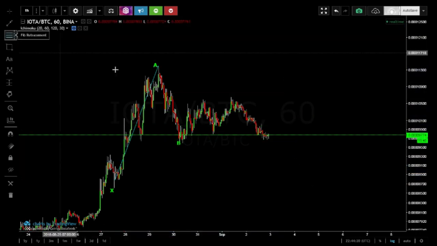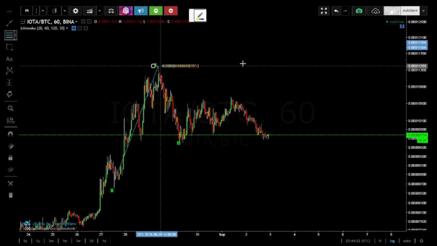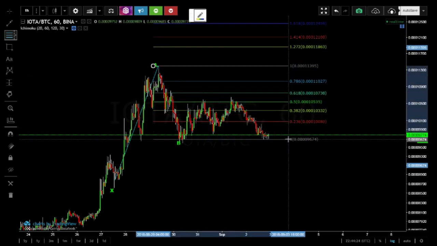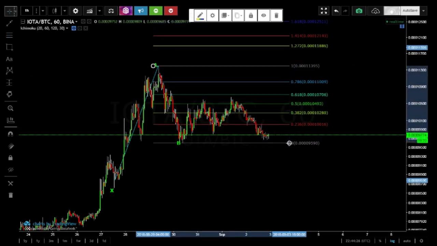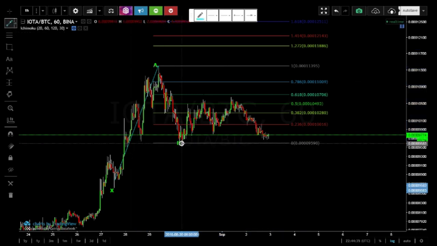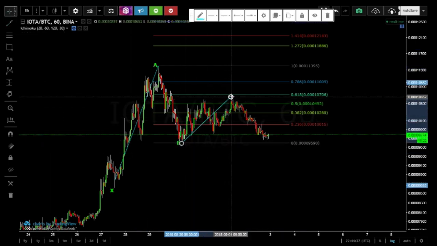Now to look for the C leg, we have from A down to the B leg. From A down to the B leg, we have price moving from this point to this point.